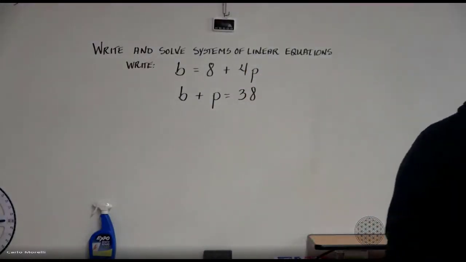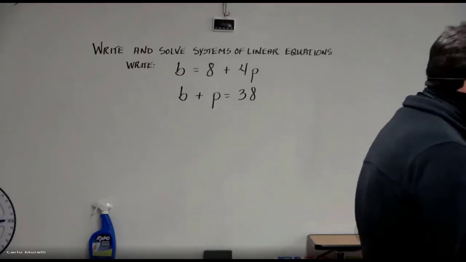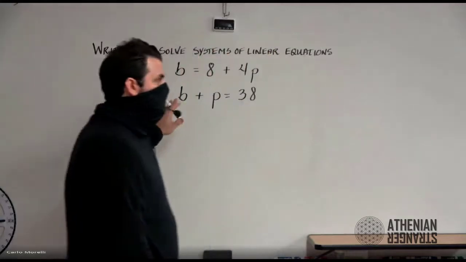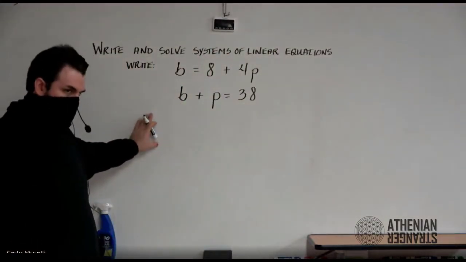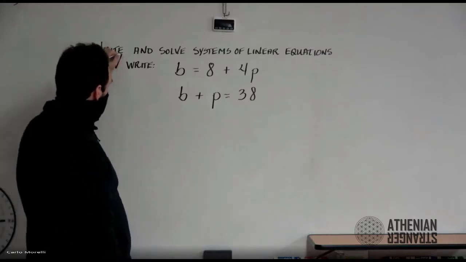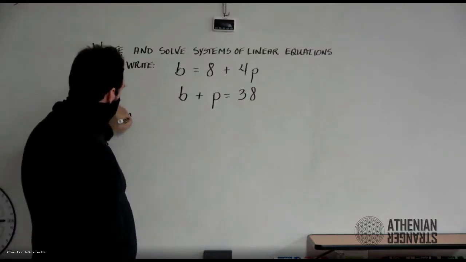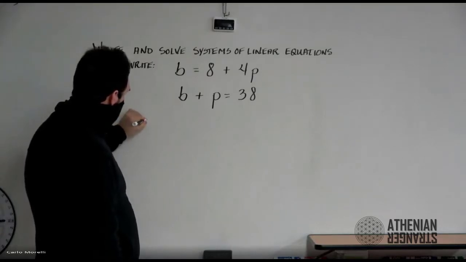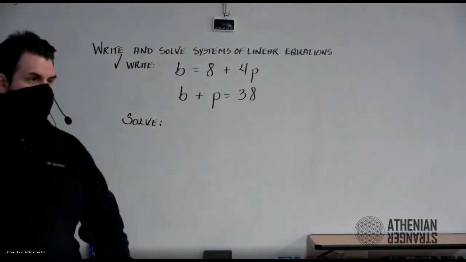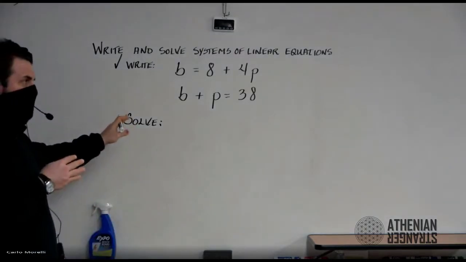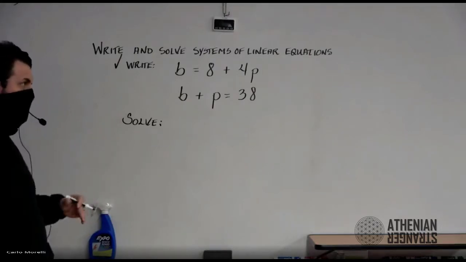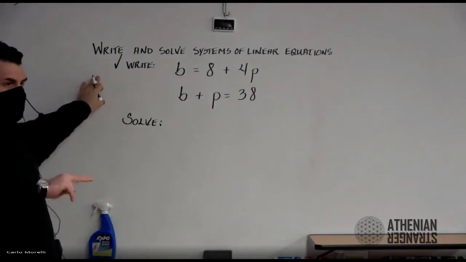Okay. Now we want to find out how many pies. By the way, this is it. We did it. We wrote the system. Done. Check. So now we want to solve the system. There will be questions on your test and on your standardized exams where you just have to do this and stop.